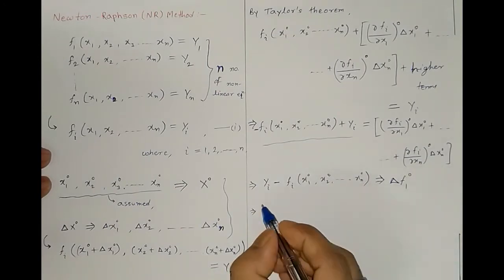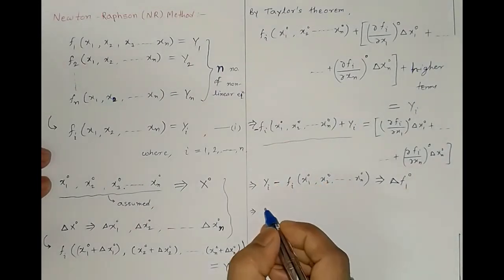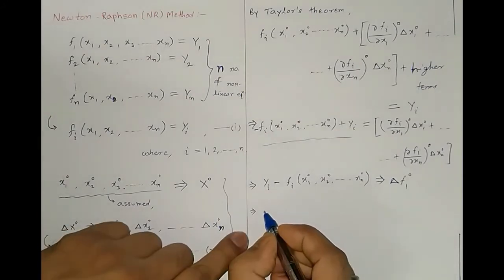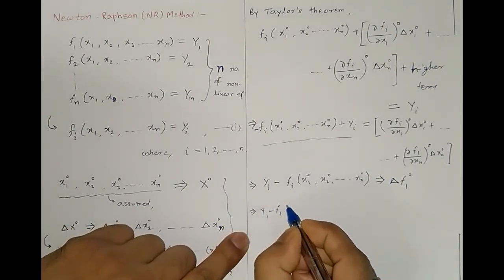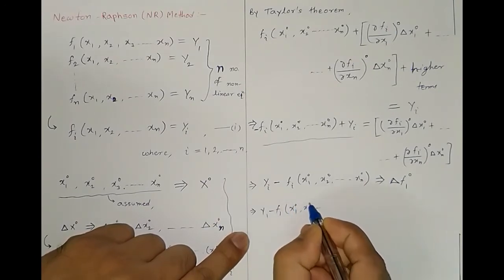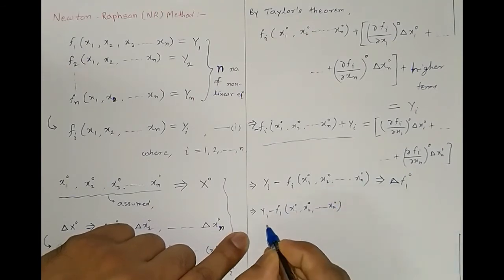Let us expand this equation with n number of equations in the matrix form. So this will be y1 minus f1(x1 0, x2 0 and so on xn 0).